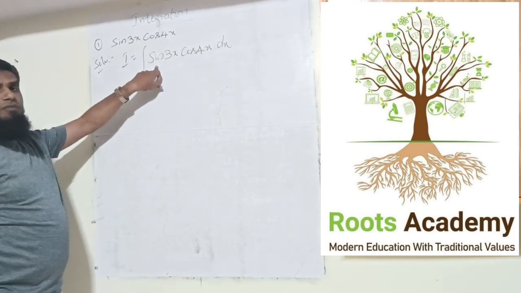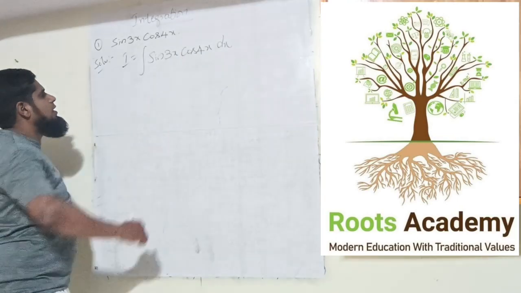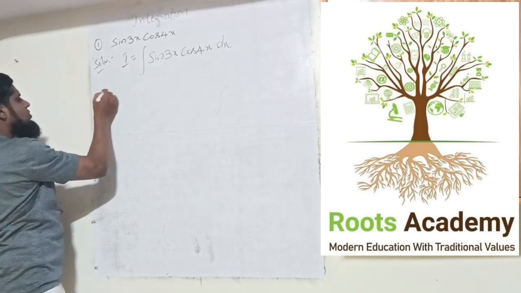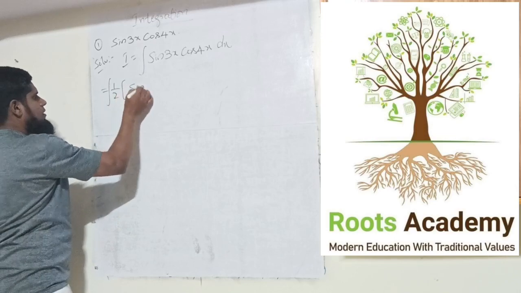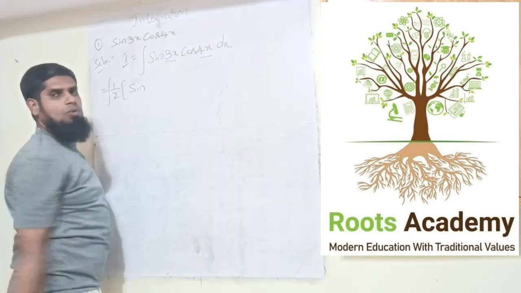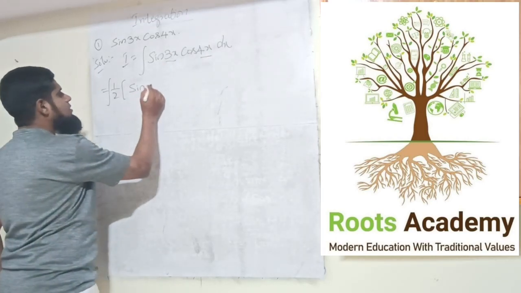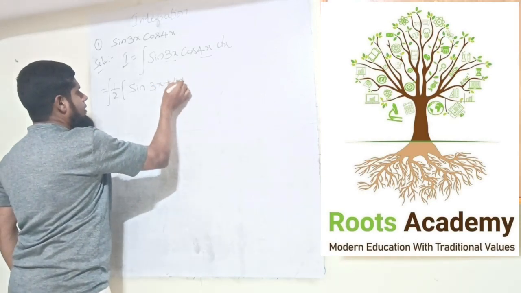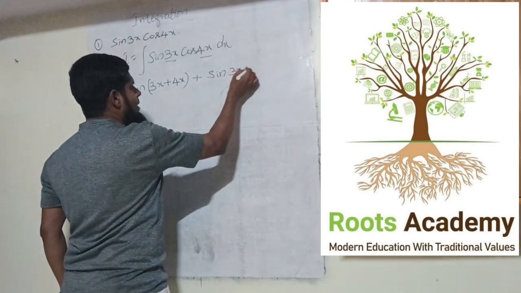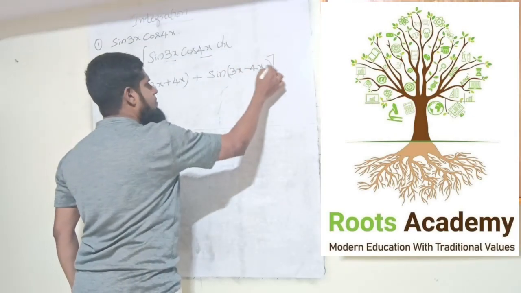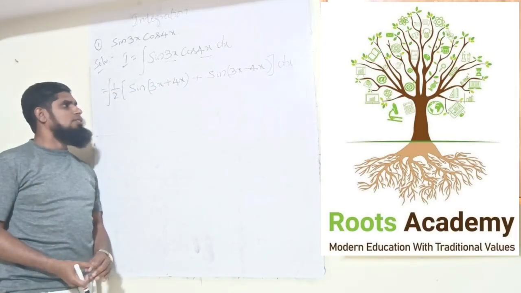So students, it is in the form of sin x cos y, and as per the formulas I gave, this will become half integral of bracket sin of x plus y plus sin of x minus y, close the bracket, dx. Here 3x is our x and 4x is our y, according to the transformation formulas.